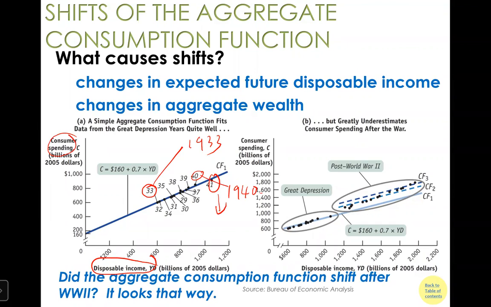These dots represent the aggregate disposable income versus total consumer spending throughout the 20th century and during the 30s, roughly the time period of the Great Depression, right? From the left-hand side, we can see this data can be almost perfectly approximated by a straight line, and this is exactly the consumption function, right? Look at it here.